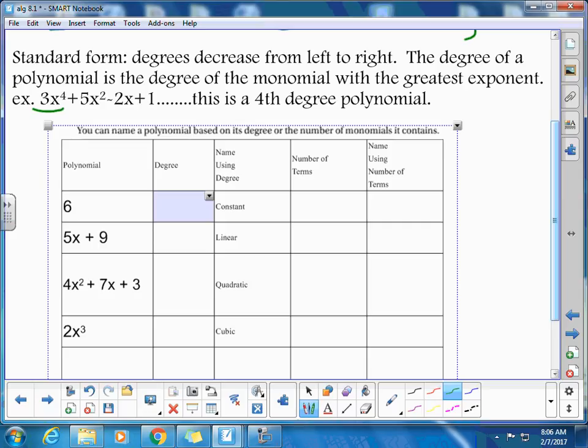This is a 4th degree polynomial because that's the degree of the monomial with the greatest exponent. So if we're talking about the number 6, in this case, it would be a 0 degree, right? Because it's a constant. Number of terms, 1. If we're going to name it using number of terms, it's a monomial.